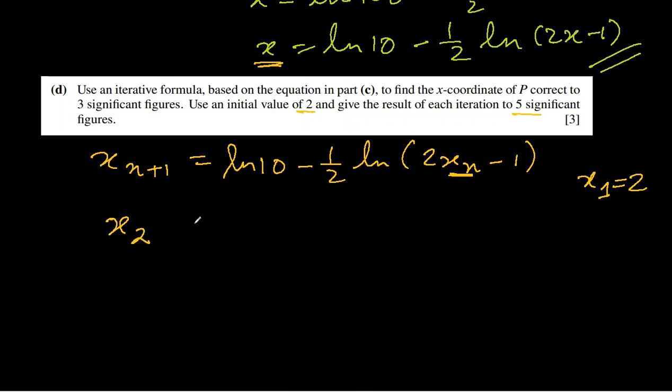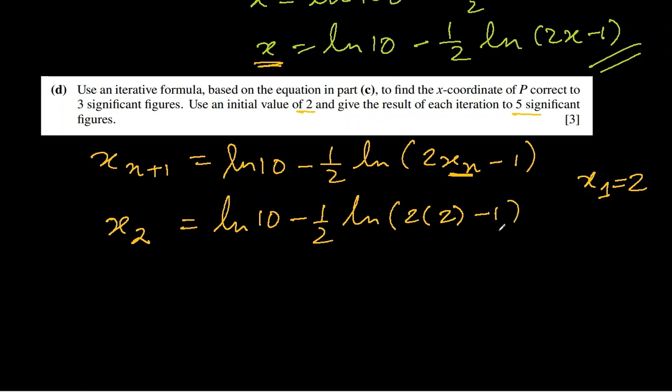So this will become x2 equal to ln 10 minus half ln of 2 times 2 minus 1. Okay, so this is x1 for us, and this became x2. All right. If I use my calculator, I get 1.7533. They said we have to write 5 significant figures: 1, 2, 3, 4, 5.